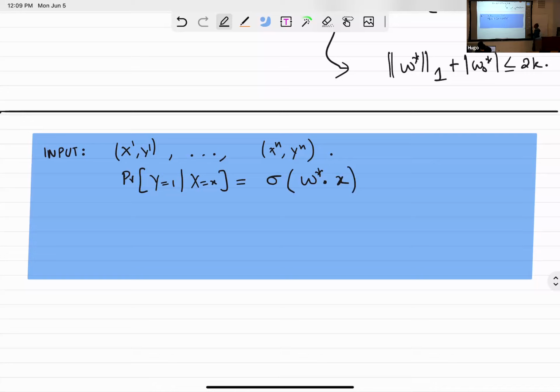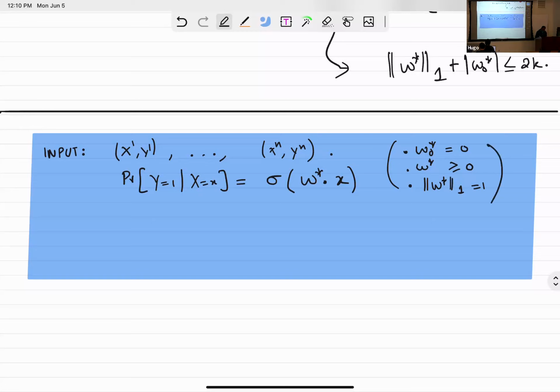Okay, so let's assume the constant term is 0. As a vector, W star is non-negative, and the L1 norm is 1. All of these, as I said, you can use standard tricks to reduce to this. Even in a regression problem, you can always assume these things without too much philosophy about it. Especially if you're working with arbitrary distributions, this is never an issue.